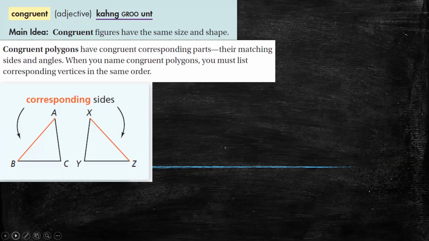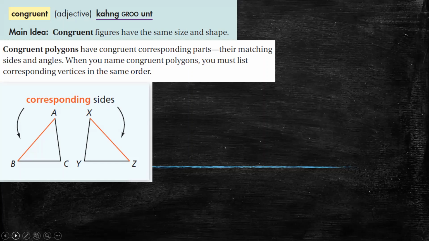To decide if two shapes are congruent, I have to check that all the elements inside the shapes are congruent. How can I decide? By writing all the corresponding elements. The corresponding elements could be sides and angles.